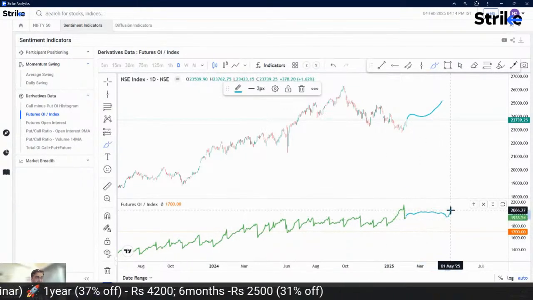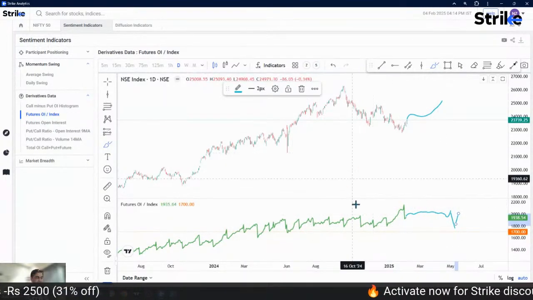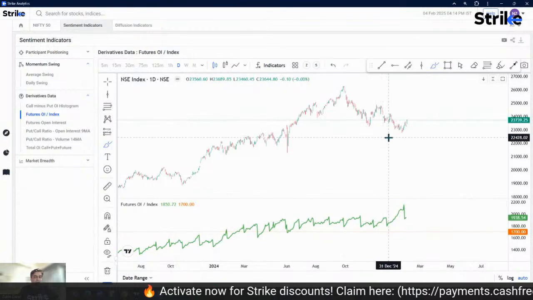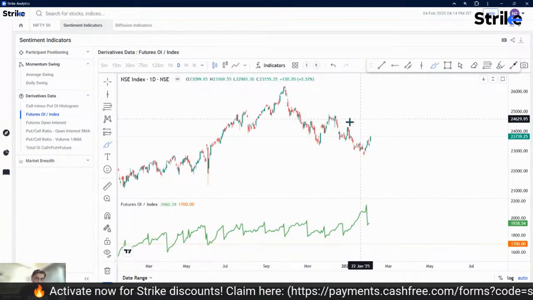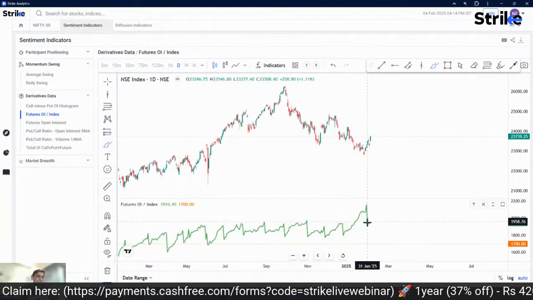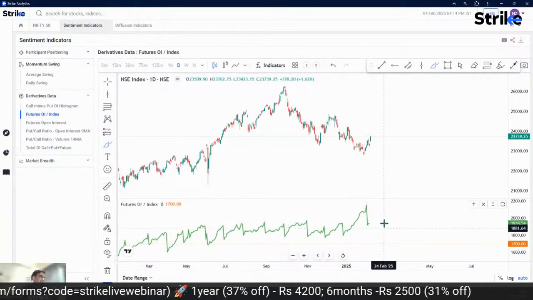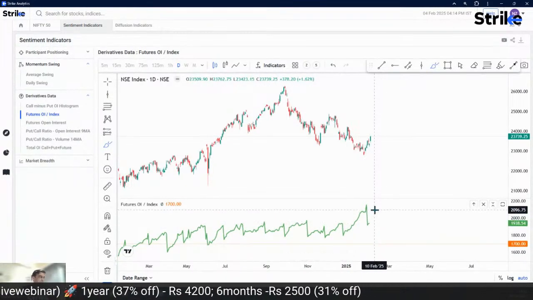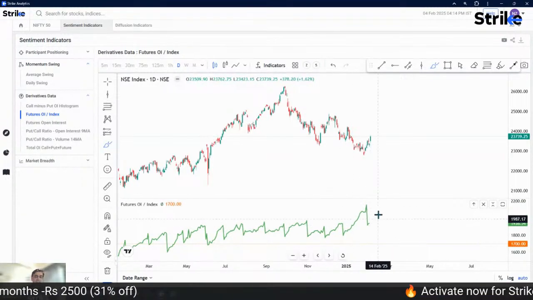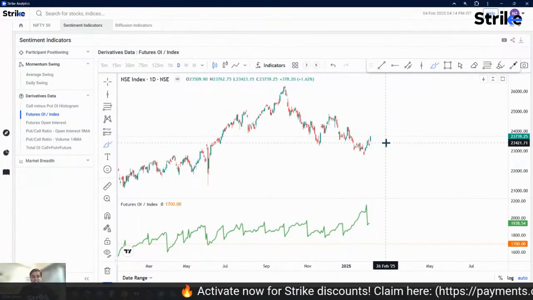As of now, this is only giving us a caution: you can go long, but my friends, don't go all in over here. There is lots of futures OI built up against the index levels, and this is at the higher end of the extreme, so some correction can be expected.